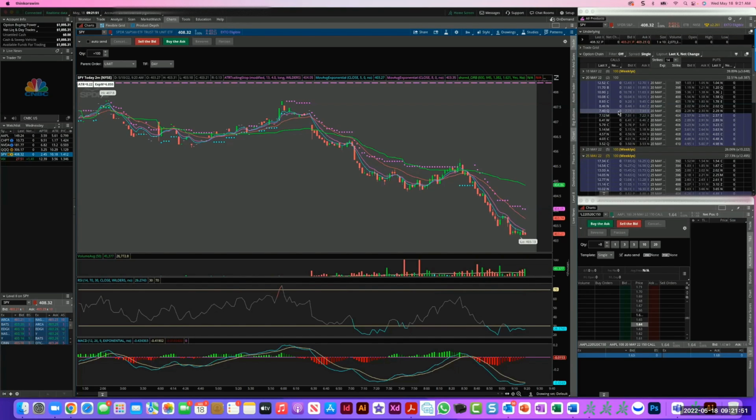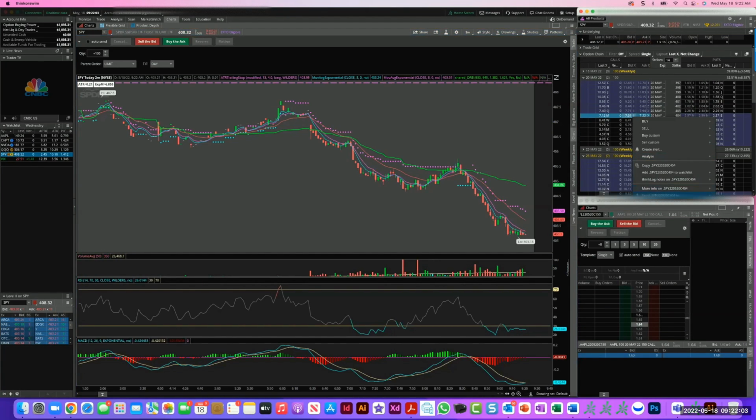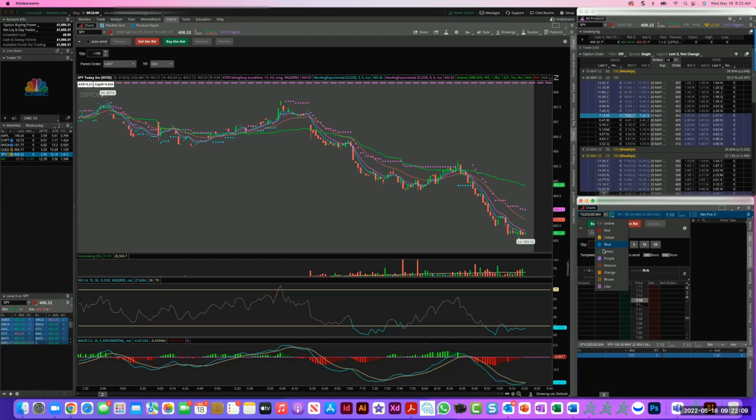And then if I want to trade any of these, I can send it to what's called the active trader down here at the bottom. I would right click and click send to green, because I have this selected here as green. I could use any color, it doesn't really matter. Not really tied to green, it's just one that I chose.